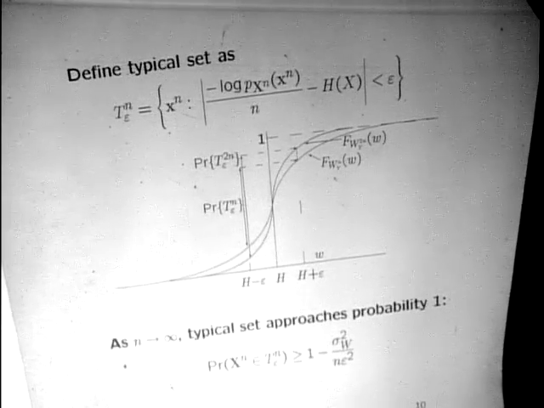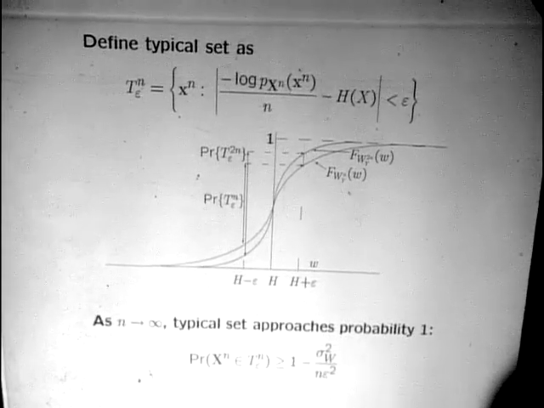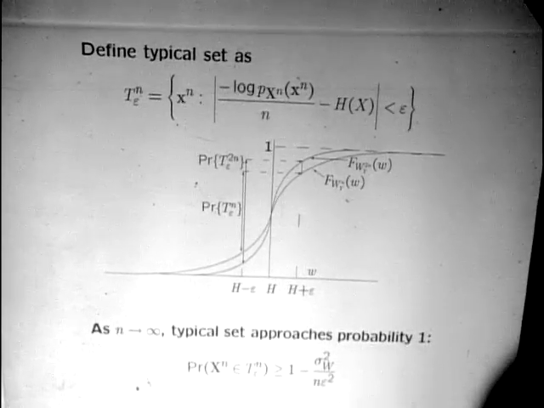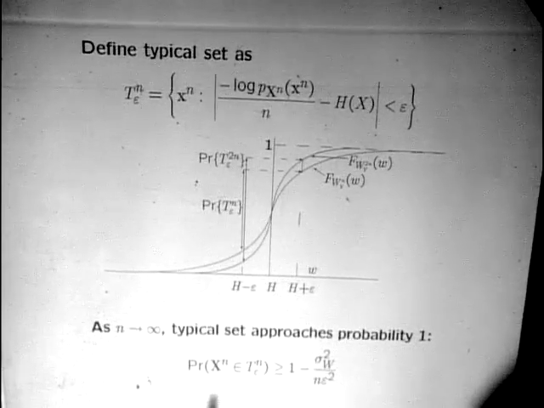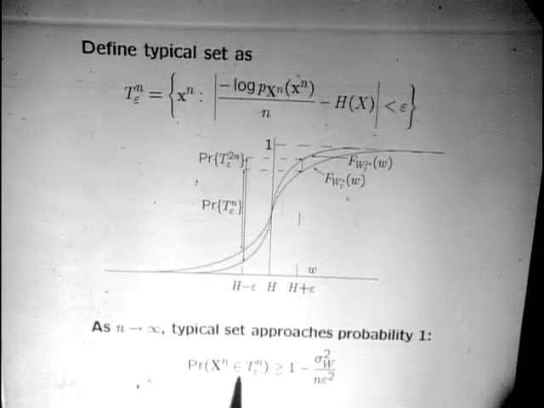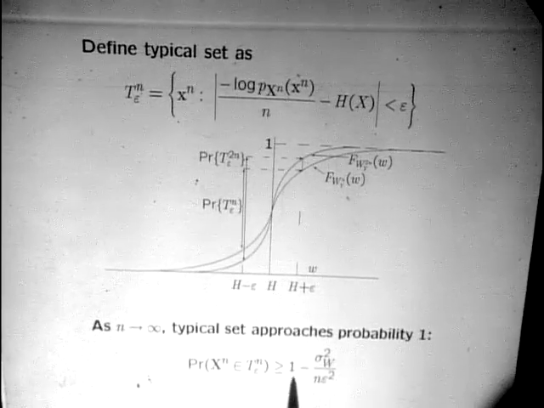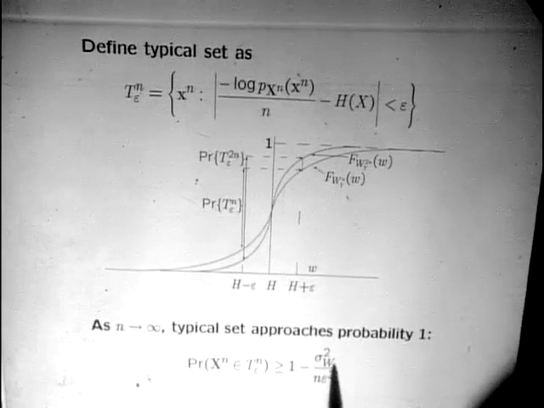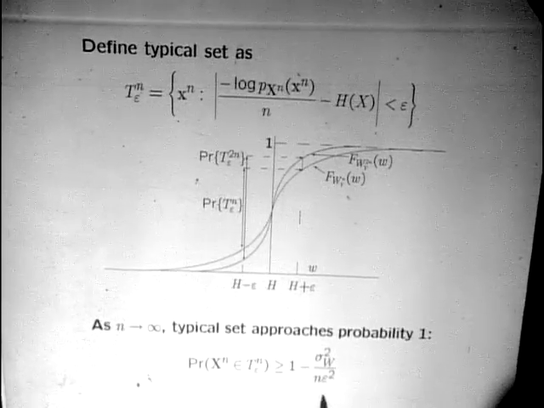Okay? And as n approaches infinity, this typical set approaches probability 1 in the same way that the law of large numbers behaves that way. The probability that x sub n is in this typical set is greater than or equal to 1 minus sigma squared divided by n epsilon squared.